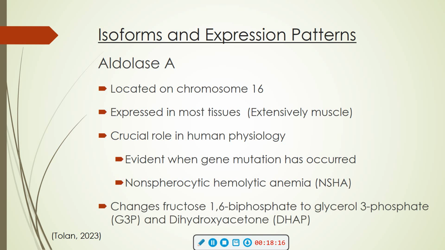So what it does, Aldolase A is very present in glycolysis. Again, we know that aldolase, I said it was the enzyme, but remember I said we have 3 types. So A is what changes that fructose, or the glucose, to fructose, and it changes it to the glycerol, which is a 3-phosphate.